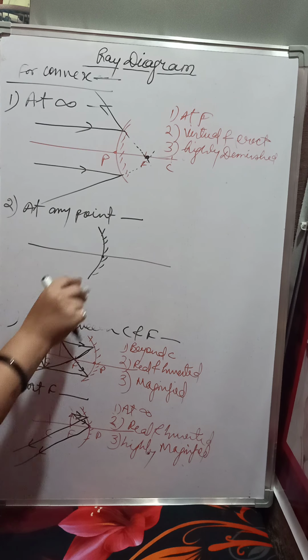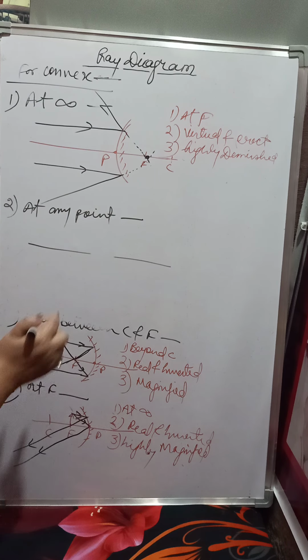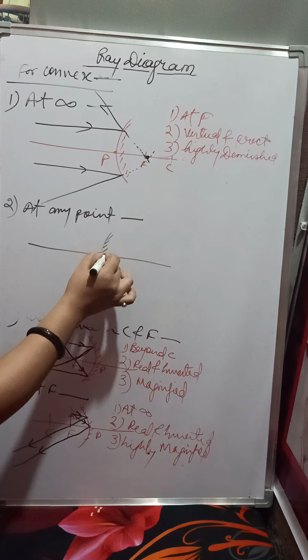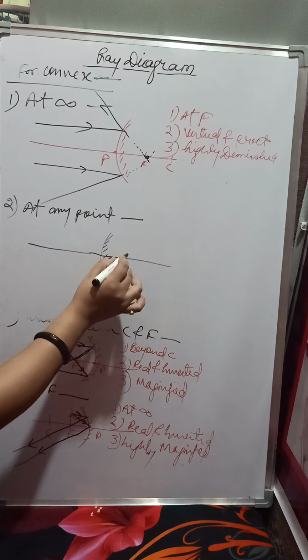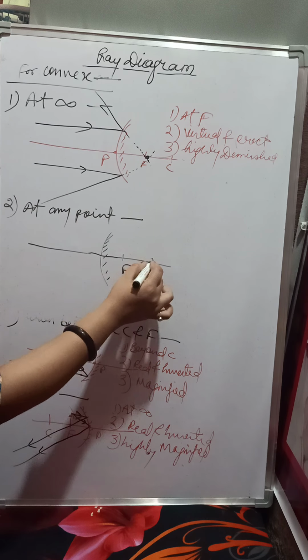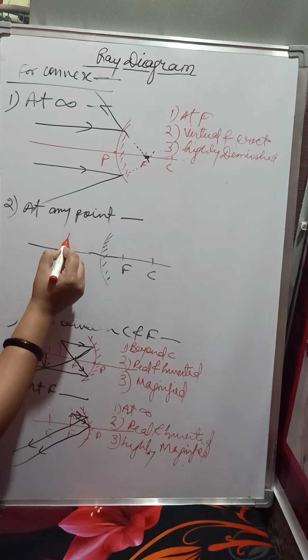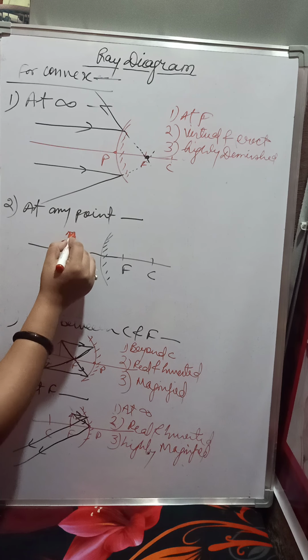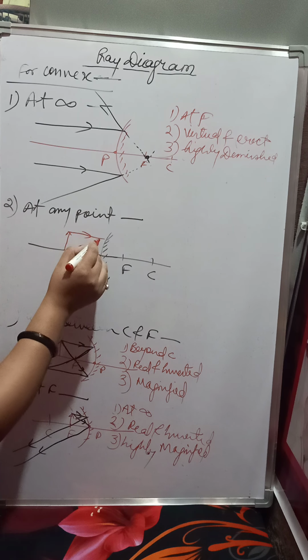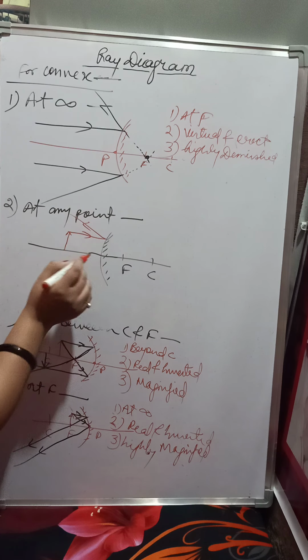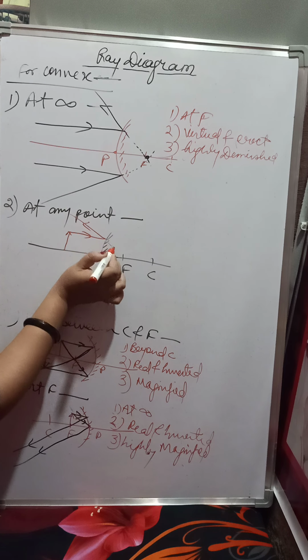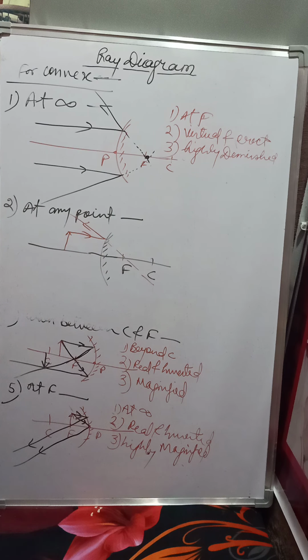Sorry, this is convex. Focus and center of curvature. When the object is placed at any point, the first light ray is parallel to the principal axis. After reflection, it will diverge. So it will pass through the focus. It will appear to pass through the focus.